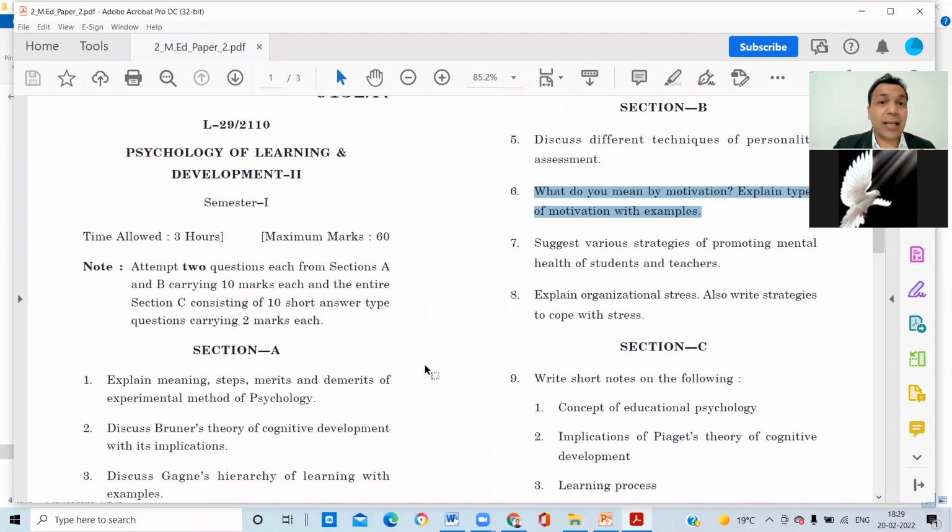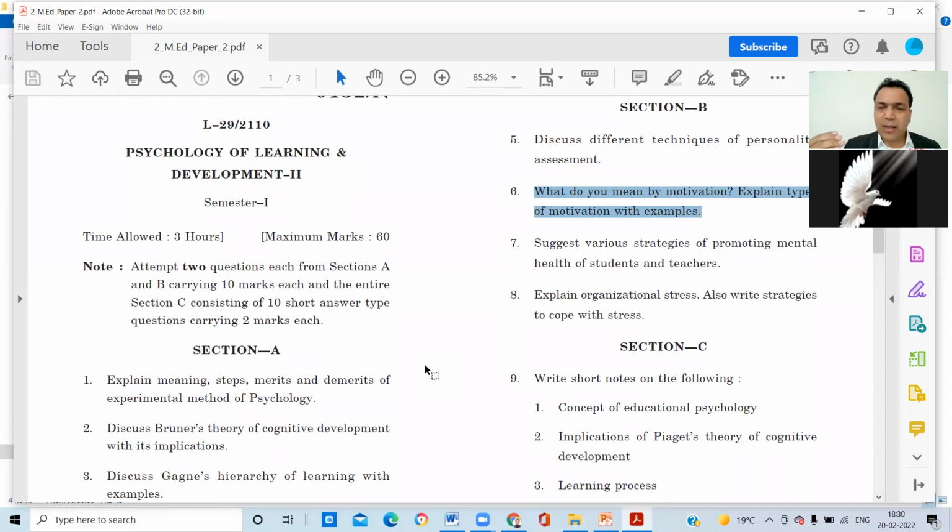Intrinsic motivation and extrinsic motivation, right? Because I have discussed this thing in all my lectures, and you have to give example. And I have already told you this thing also, at least spare 4 or 5 lines in the last for conclusion also, right? You can make the heading of conclusion. Then you have to conclude whatever you have written above.